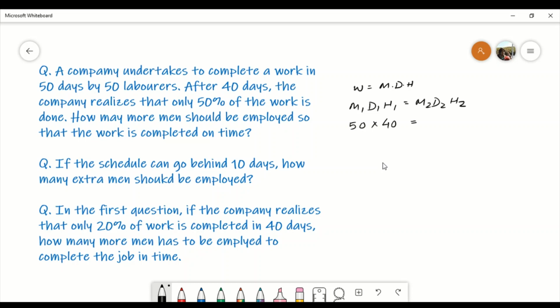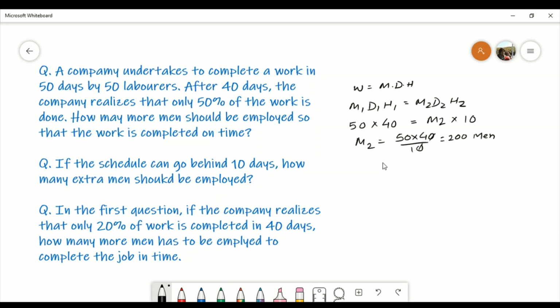So how many men do I have to employ to do the same amount of work in 10 days, right? So M2 will be 50 times 40 by 10, which is 200 men.